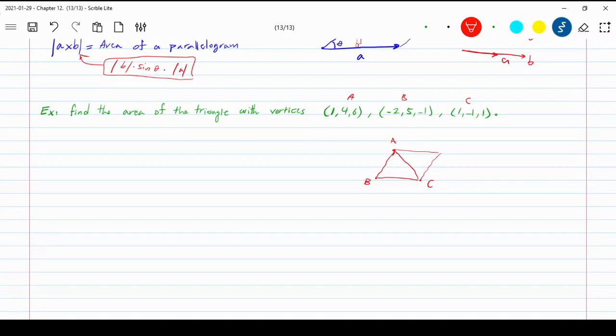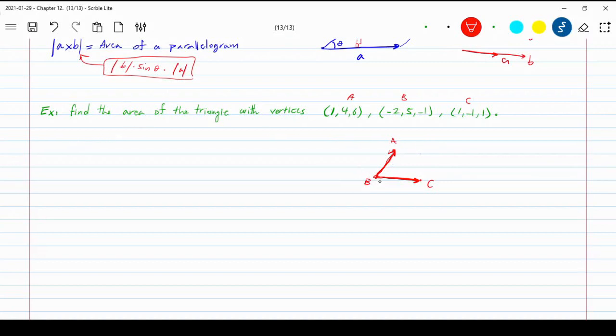What you only need to know is what these two vectors are. You just need to figure out two vectors with the same starting point. So you can assume B is the initial point of the two vectors, and I will create the vectors. Then I will create the parallelogram, find its area by doing the cross product, and dividing it by 2 will give us the area of the triangle.